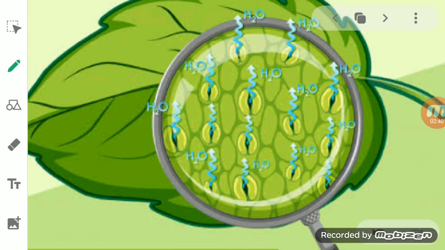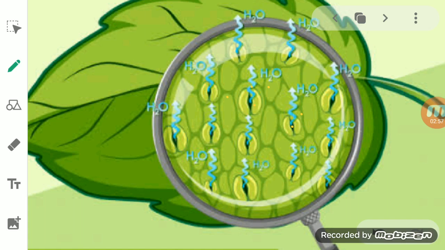So the extra amount of water present in the body of the plant gets evaporated through the holes present on the surface of the leaf.